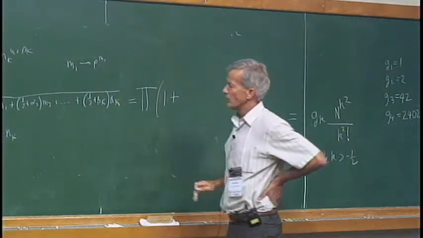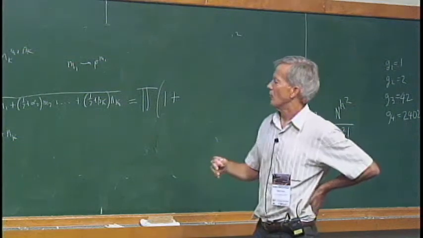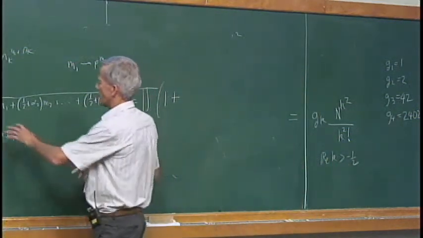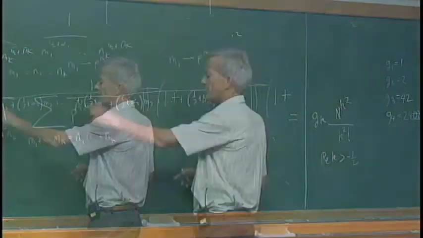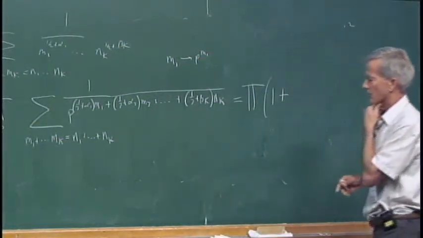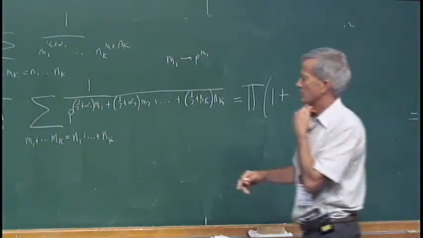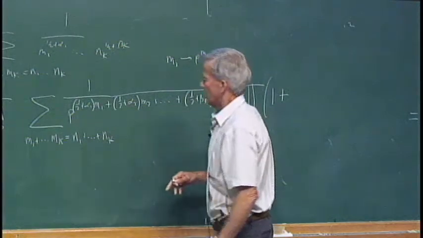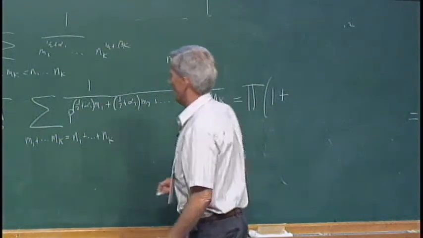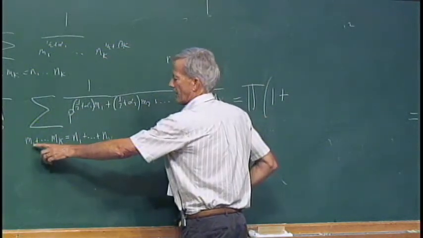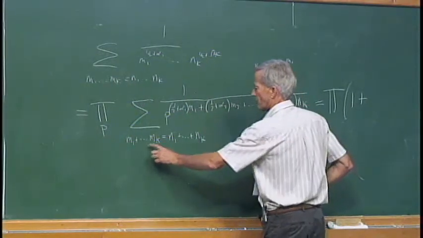Now we want to know the poles of this. And the poles, we're really going to be operating near the 1 line. So we want to know what happens when we've got p to the 1 plus something or other. How can that happen? Well, we have m1 times a half, m2 times a half.